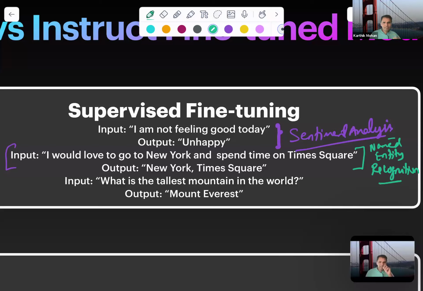So there are named entities: Times Square is a named entity, New York is a named entity. It could be cities, places, or any kind of entity that you care to detect, because you need to know what the question or the input is about. So an LLM getting better at recognizing entities in sentences is important.